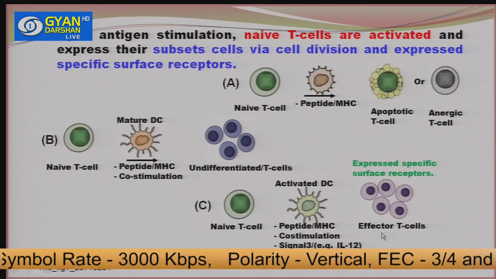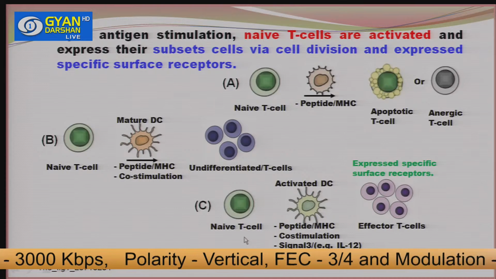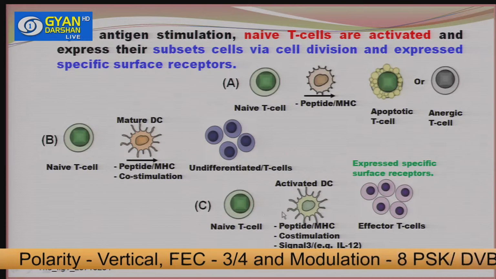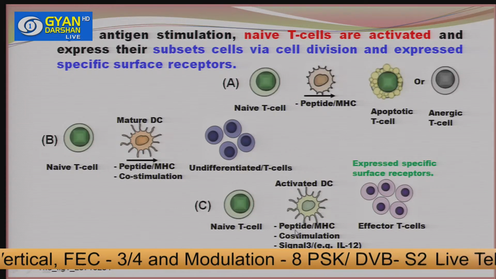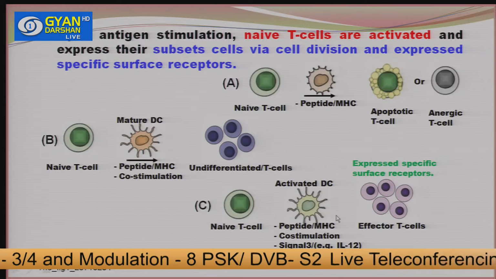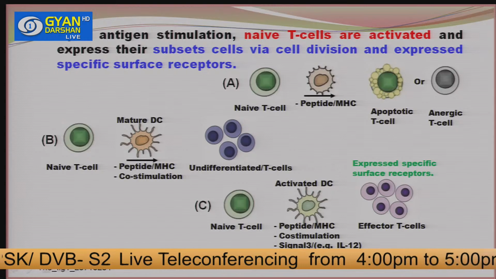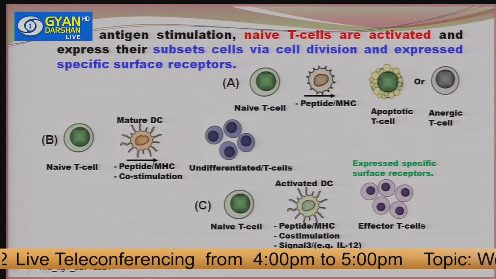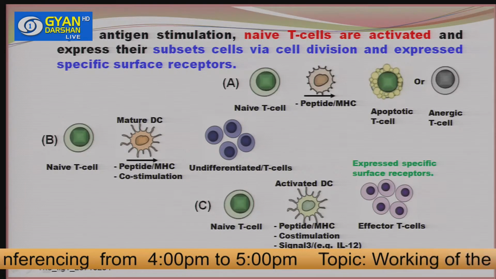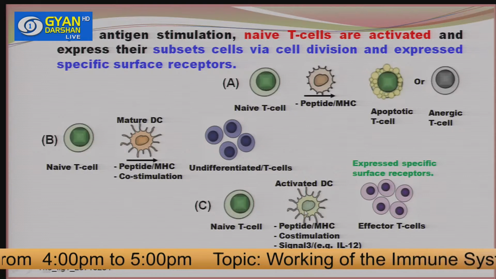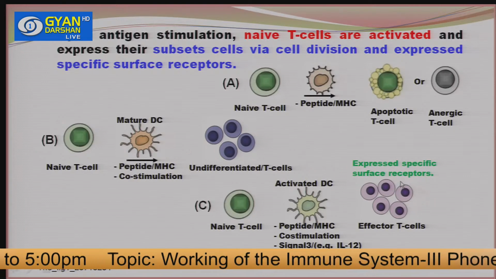They are able to generate the effector cells. Here the naive cell will encounter the pathogens or MHC. They have the particular peptides, and co-stimulation will take place. And here the signal 3, like interleukin 12, is involved, and ultimately it will change into the effector cells.